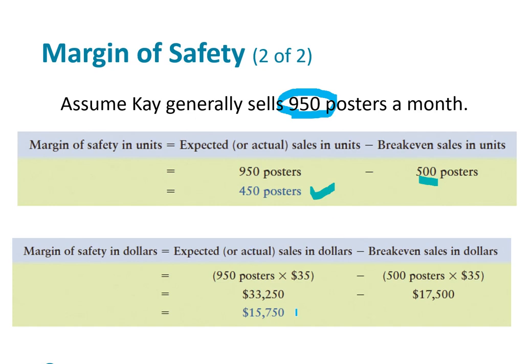Okay, so you can also look at it in sales dollars, where the margin of safety would be, if we're going to sell 950 posters, we would have $33,250 in sales. And of course, here's the amount we calculated using the contribution margin ratio for the break even in sales dollars. Margin of safety then is $15,750.